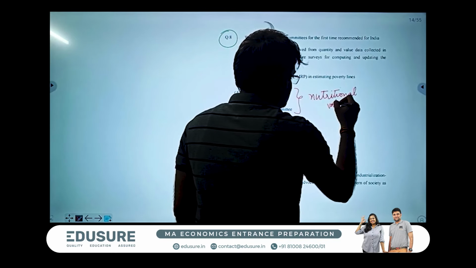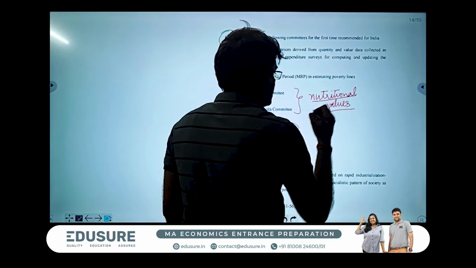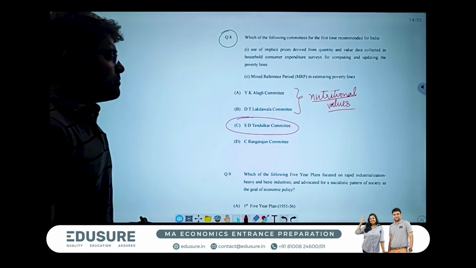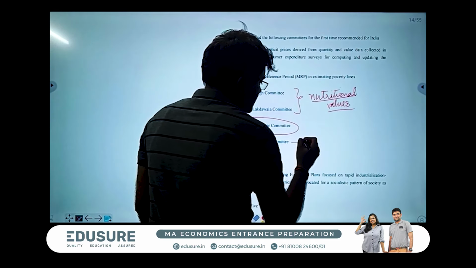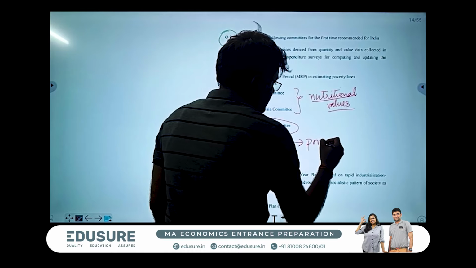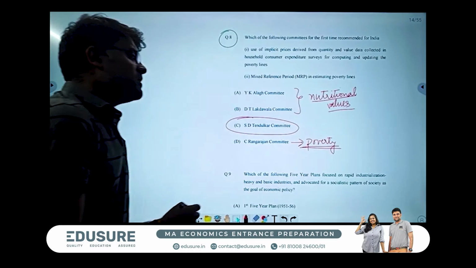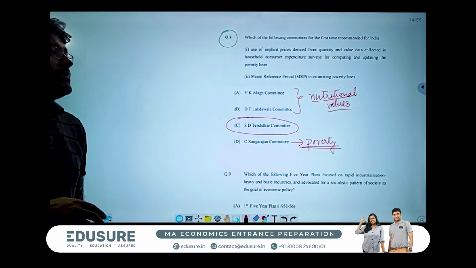You may choose to read about them on Google. The Rangarajan committee also dealt with poverty in the way that it considered a family poor if they are unable to save after making all the expenditures.